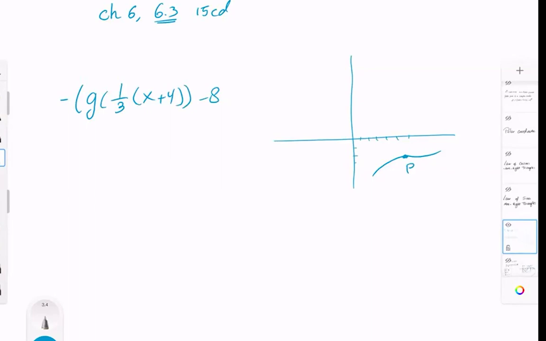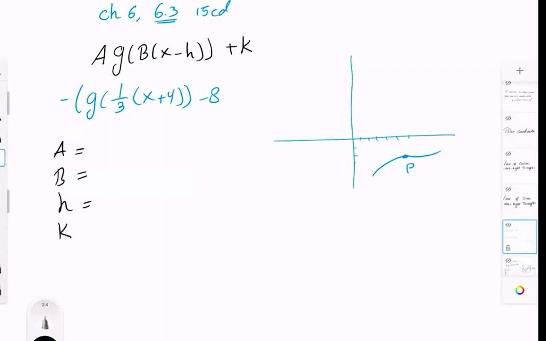So our job is to find a g of b x minus h plus k. So we need to find a, b, h, and k. We have to make it exactly the same as that.